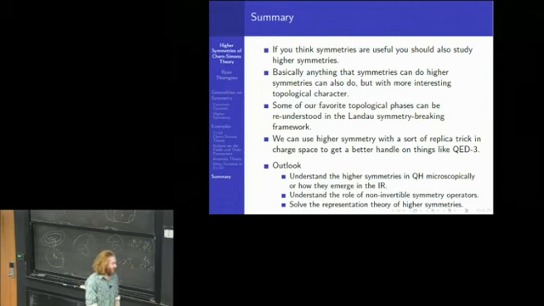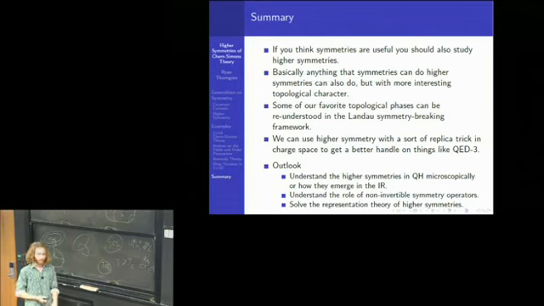And some challenges for all of you: understand the quantum Hall higher symmetry microscopically, or perhaps they don't exist microscopically, perhaps they emerge in the IR. Well, we'd love to understand that. Understand the role of these non-invertible symmetry operators in non-abelian phases. In non-abelian phases, not every quasi-particle has a tensor inverse.